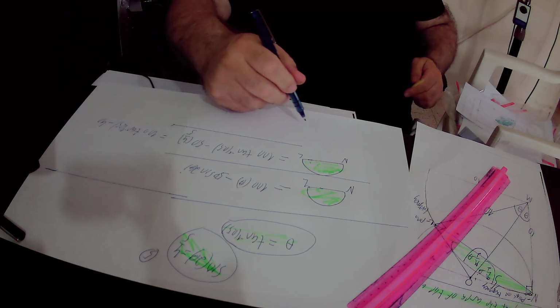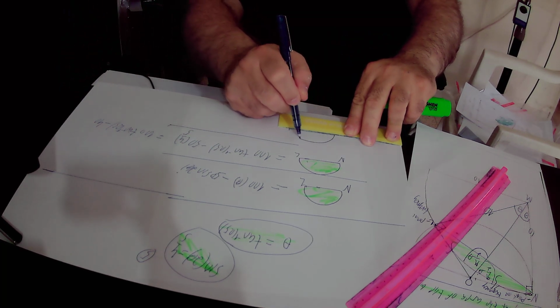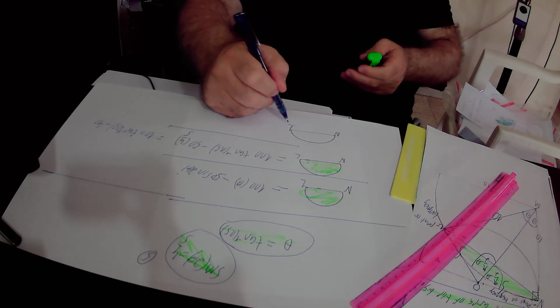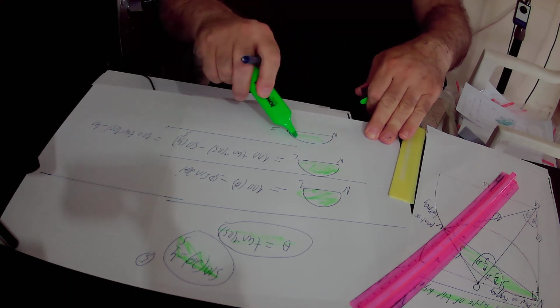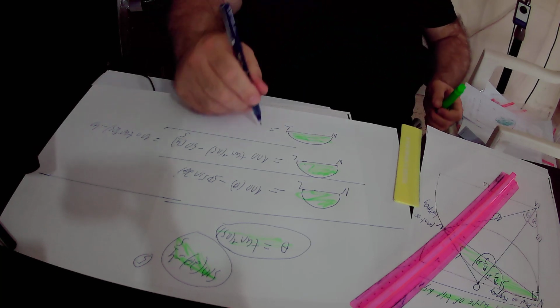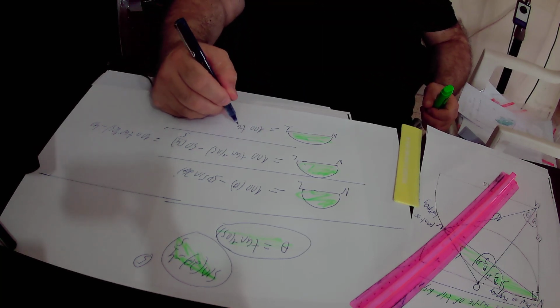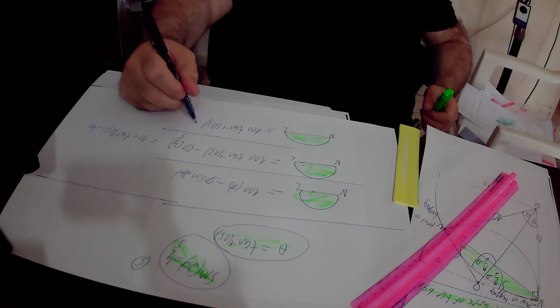In conclusion, we found that the area of the upper circular segment NL of the big lens is equal to 100 times tangent minus 1 of 0.5 minus 40.